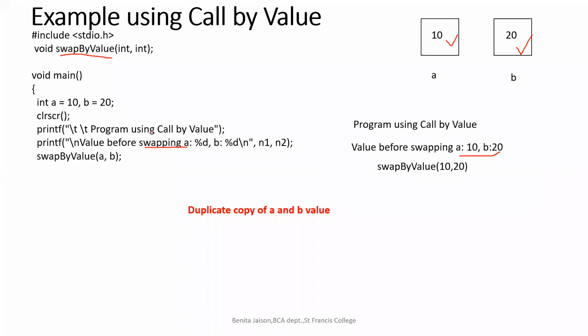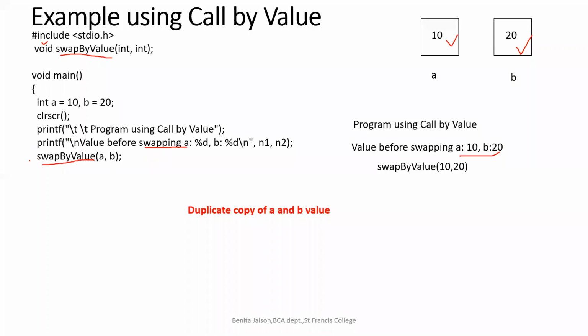Now we are calling the function called swap by value. Listen here, we call it as usual, because the usual function call is that you declare the function and then you call the function. As we have indicated the return data type as void, we don't have any return.